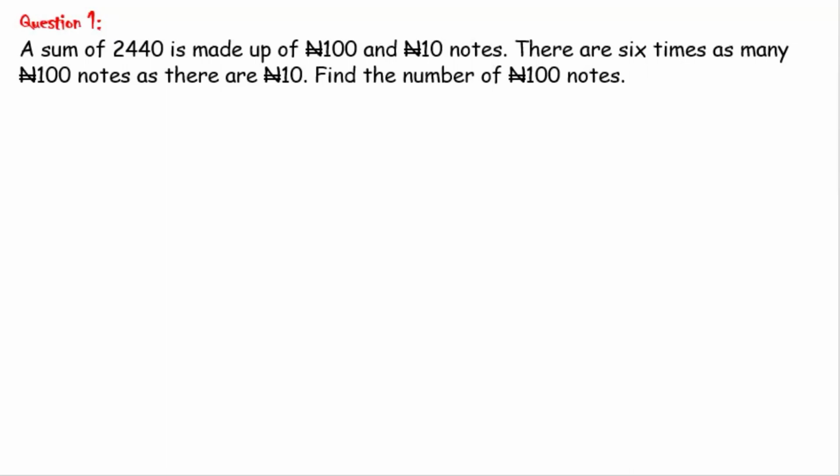We are asked to find the number of 100 naira notes. So basically what the examiner will have us do is to find the number of 100 naira notes in this total sum of 2,440.